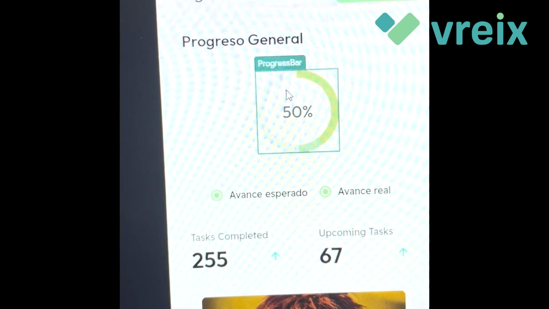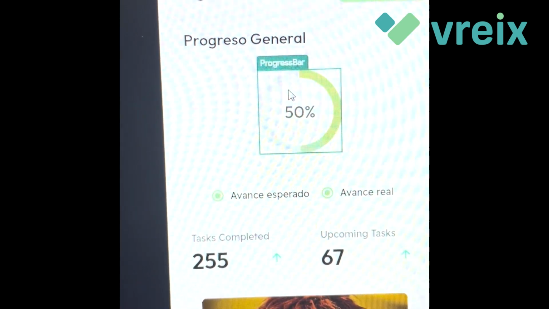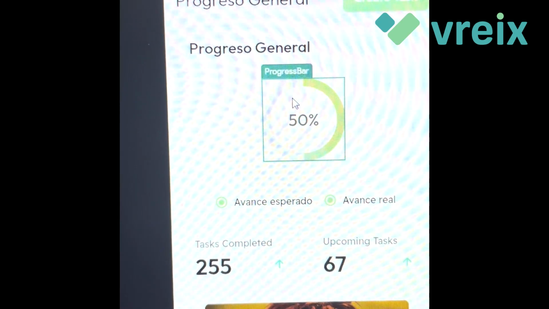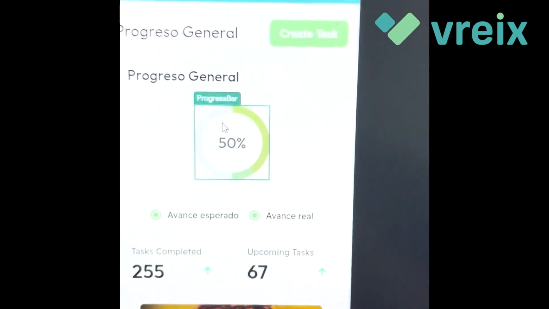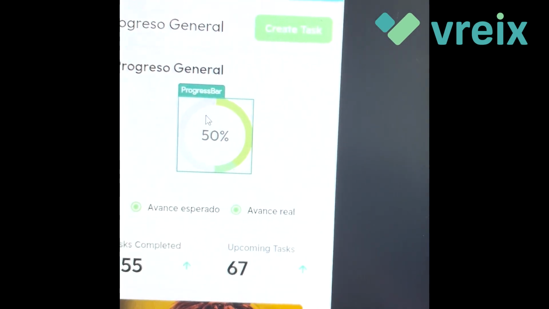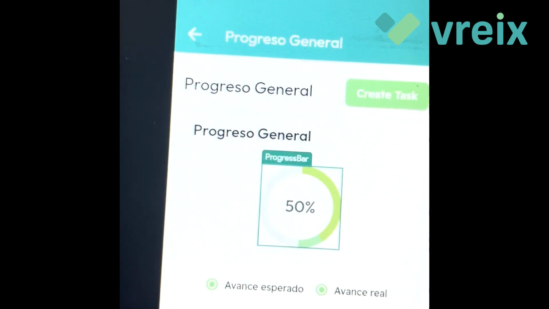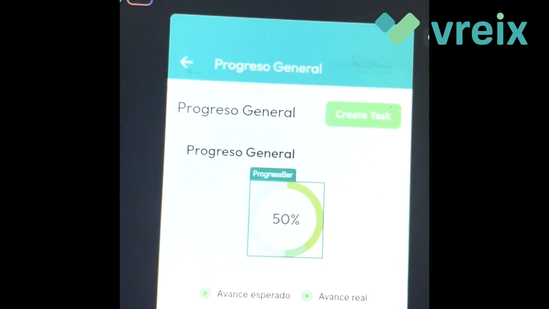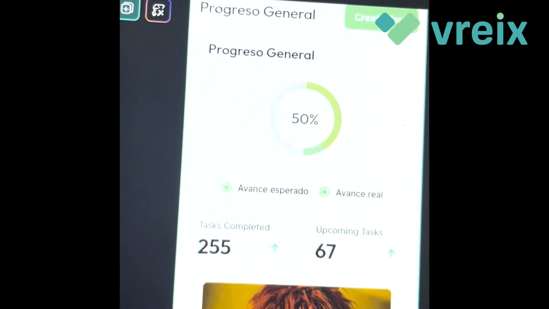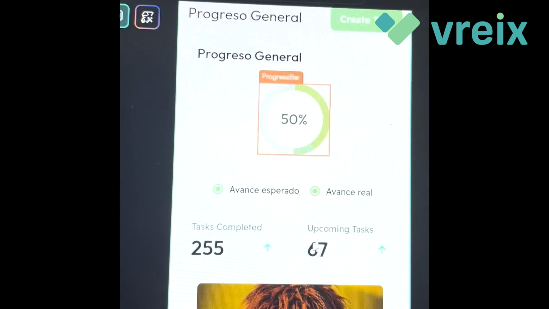They are going to be programmed separately, but that's it. It seems that it is just one, but there are two widgets of this. And well, we have also tasks completed and upcoming tasks.